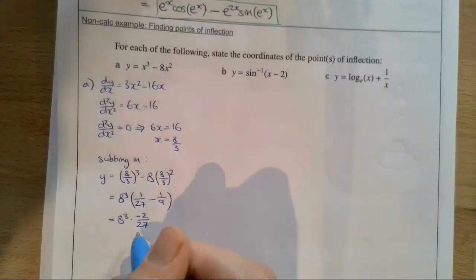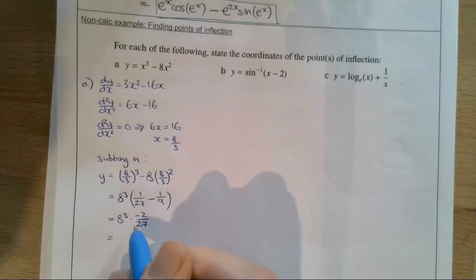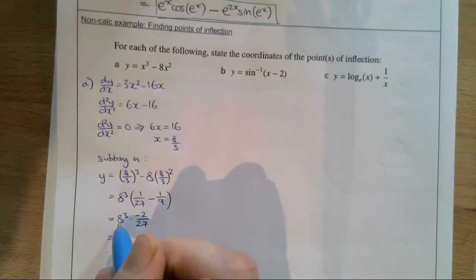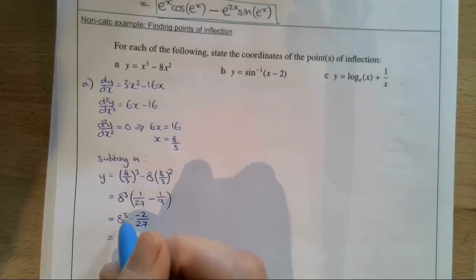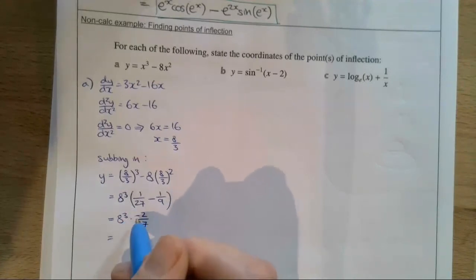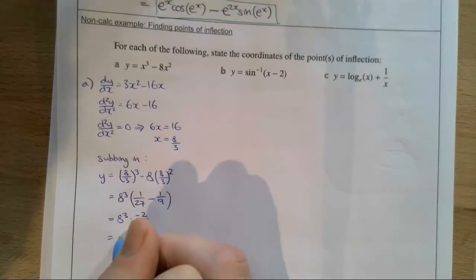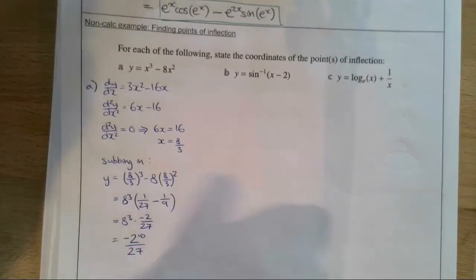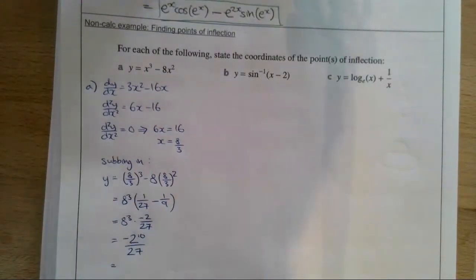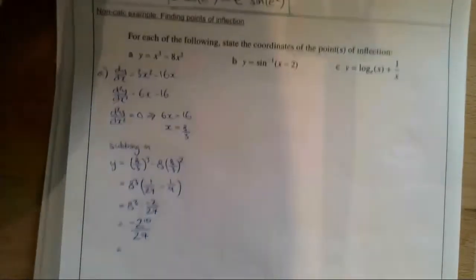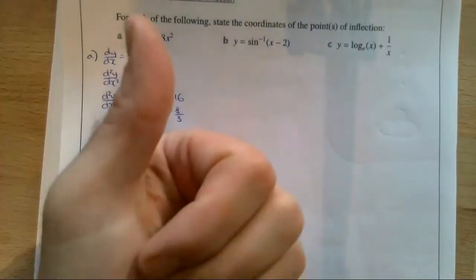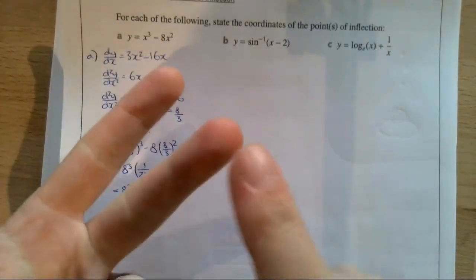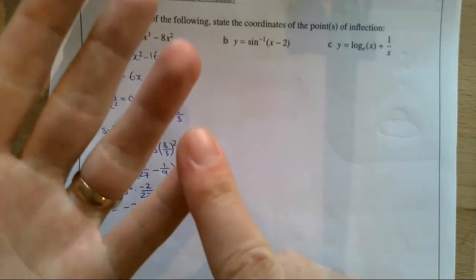And then a nice little trick is to write 8 as 2 to the power 3. So 2 to the power 3 cubed is going to be 2 to the power 9, times by an extra minus 2 is going to give me minus 2 to the power 10 over 27. And then powers of 2, I'm relatively comfortable with. I'm going to do those with my fingers. So 2, 4, 8, 16, 32.